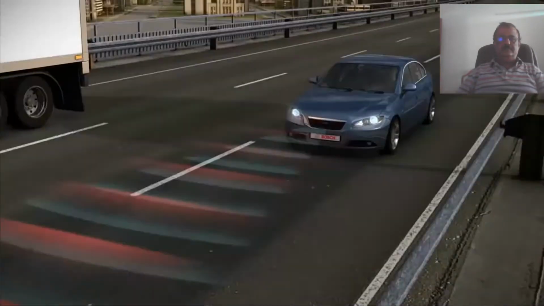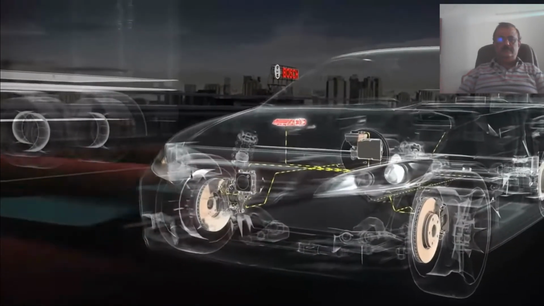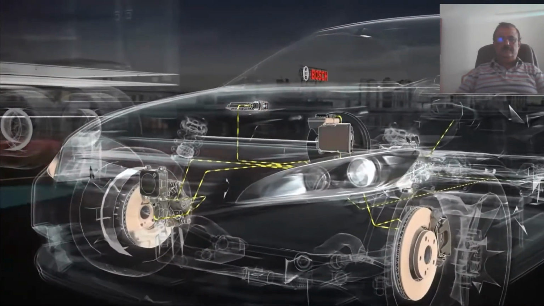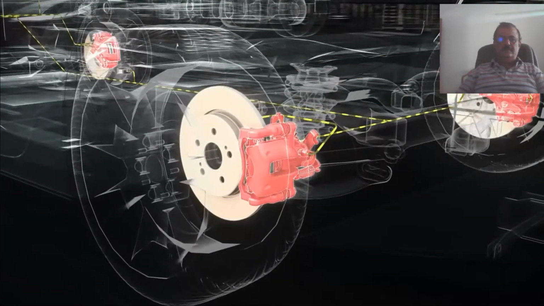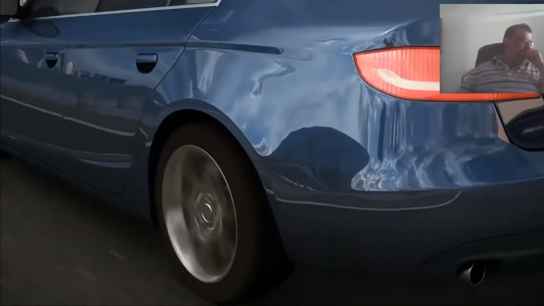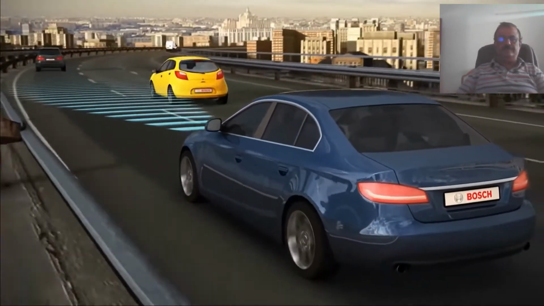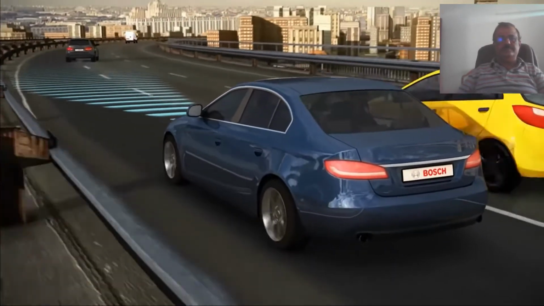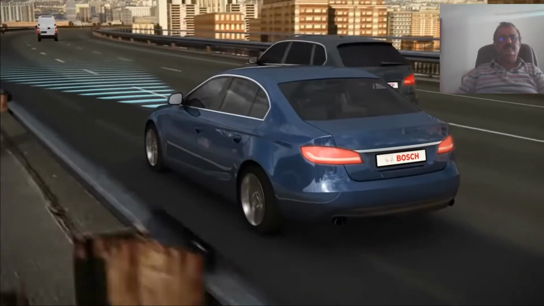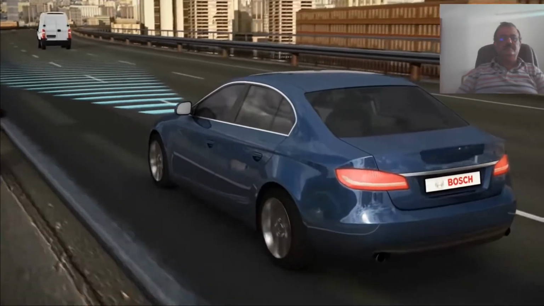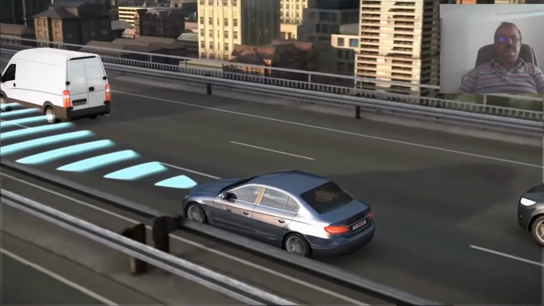When the system detects that it is approaching a vehicle, it interacts with the engine control or the braking system in conjunction with the Electronic Stability Program ESP, and ensures that the set safety distance is maintained. Once the road ahead is clear, ACC automatically accelerates the vehicle to the desired preset speed. ACC supports harmonious traffic flow on the roads.